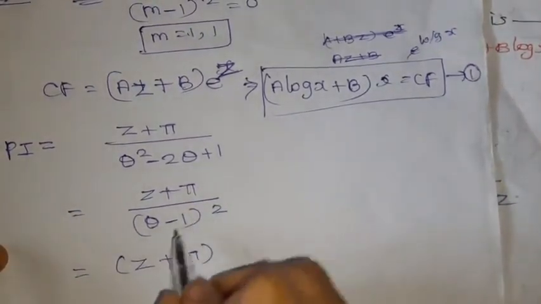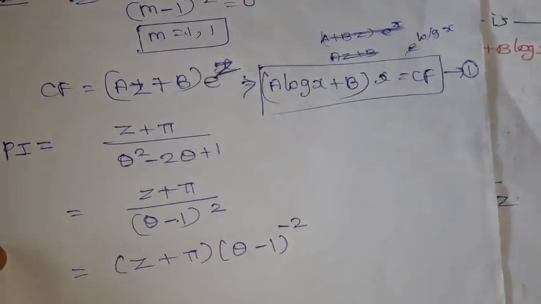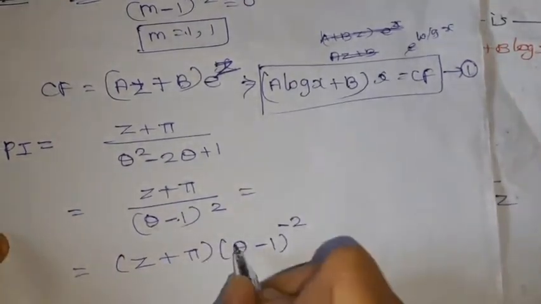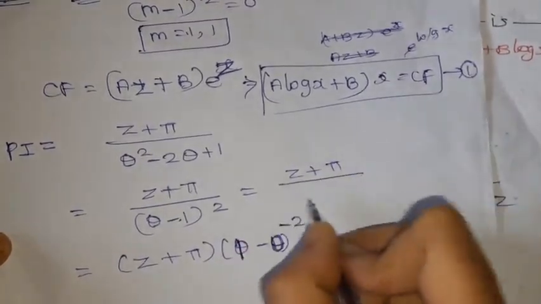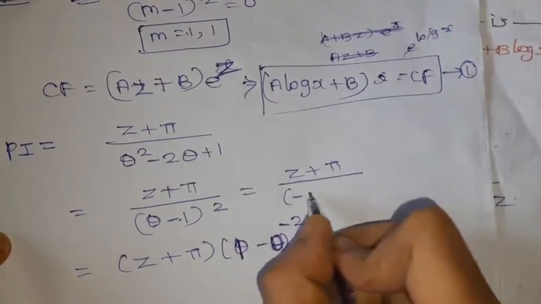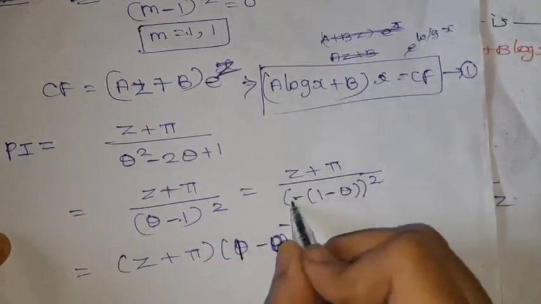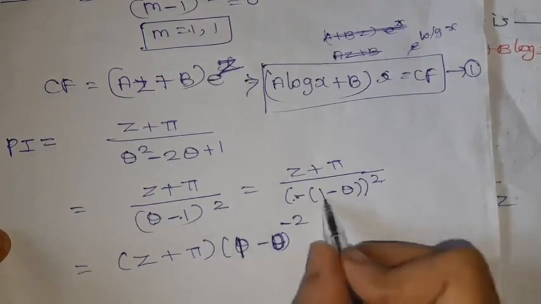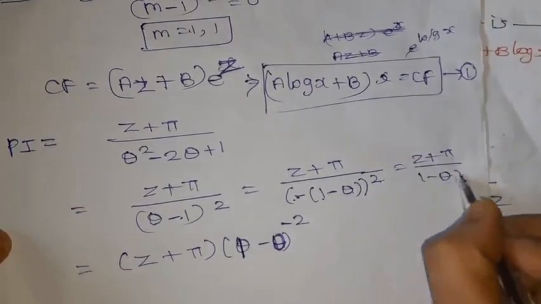So whenever taking 1 minus theta, I said already, z plus pi divided by 1 minus theta, the minus will be outside, 1 minus theta the whole square. So negative square we will get positive sign only. So 1 minus theta the whole square will go to the numerator as 1 minus theta whole power minus 2. This is of the form of 1 minus x whole power minus 2.